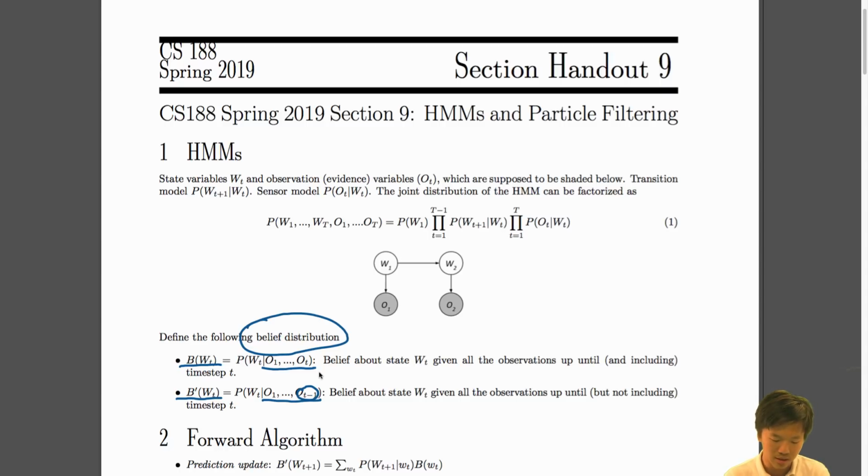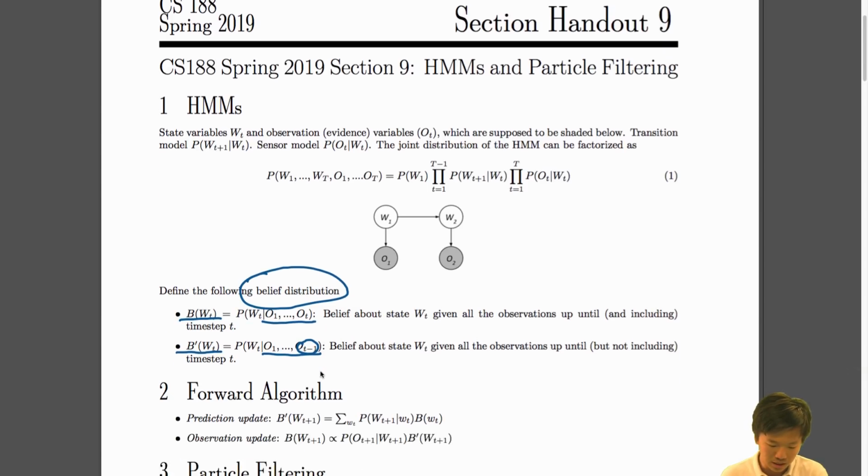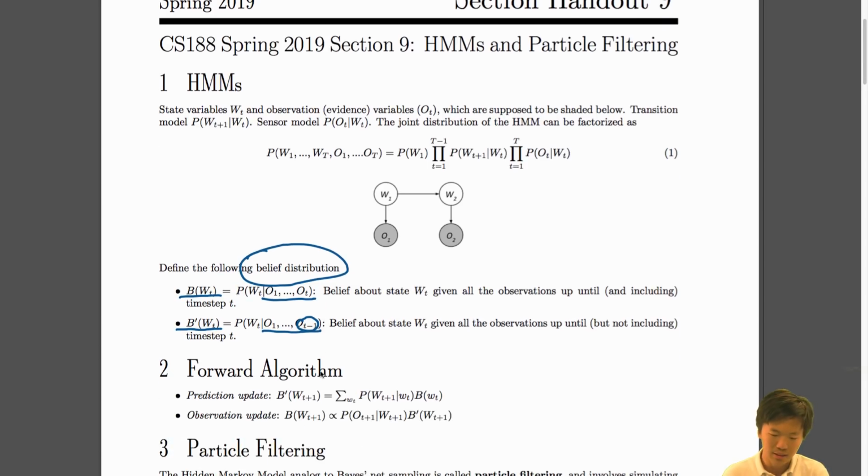It's conditioned on all the observations up to but not including the current observation. I hope that clears up the syntax for all the building blocks as underlined over here, as well as the two intermediate blocks highlighted over here.